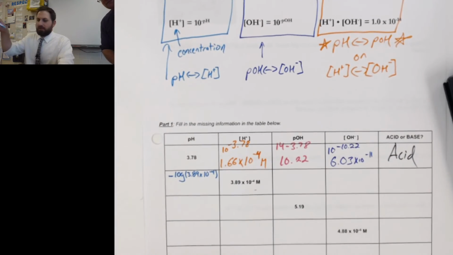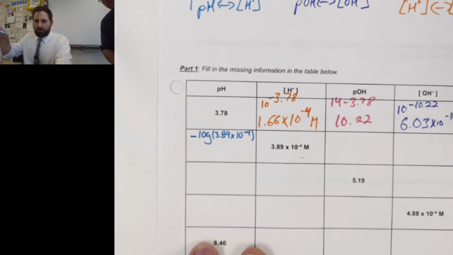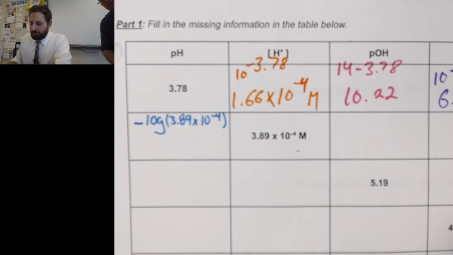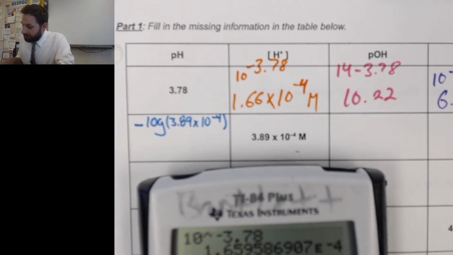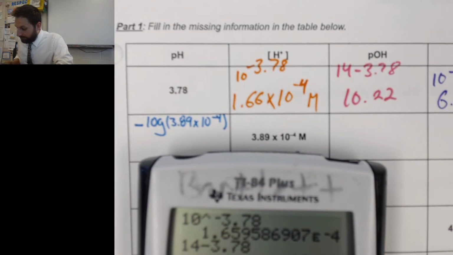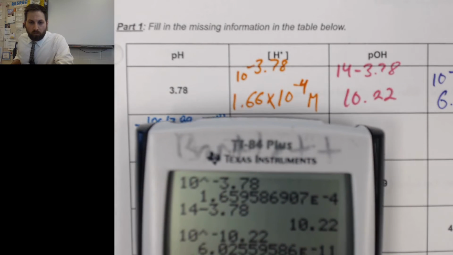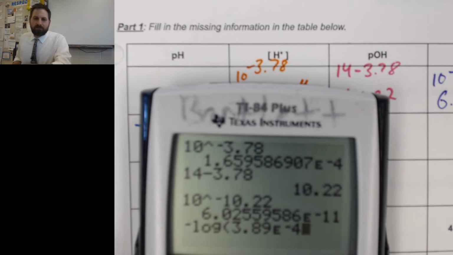I'm going to zoom in. All right, so I'm going to literally type in what I wrote down. Negative log 3.89. I'm going to use the fancy E key.